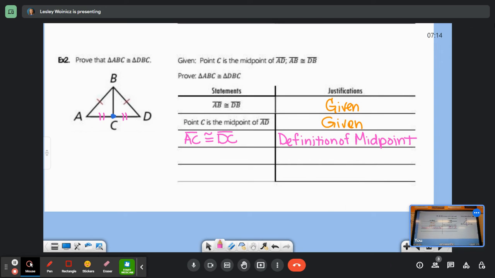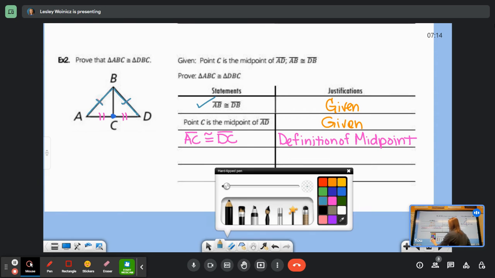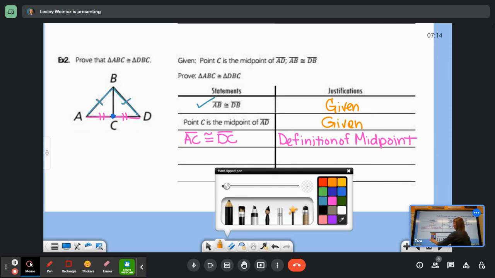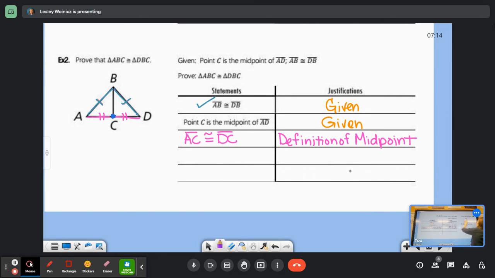Okay. Now, so far, we have these two sides congruent to each other. Okay, we've got my pink sides congruent to each other. I just need that last side, and fortunately, they share a side. So I'm able to use my reflexive property of congruence again and say that side BC is congruent to itself.